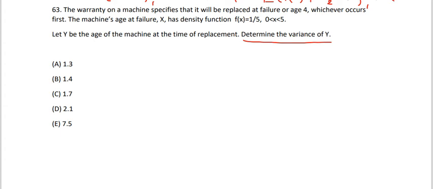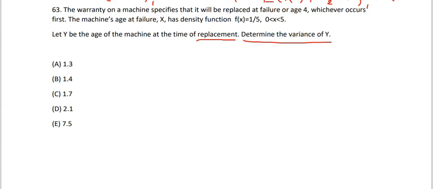Replacement is when the machine breaks, when the machine fails, we replace. And also when the machine is too old, we will replace.